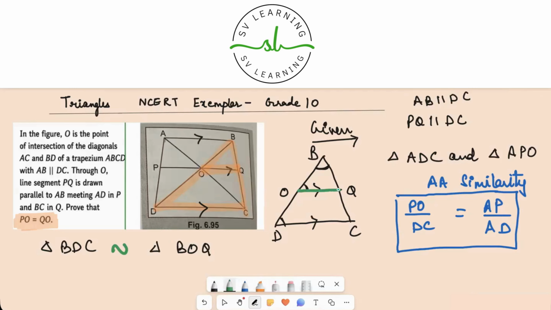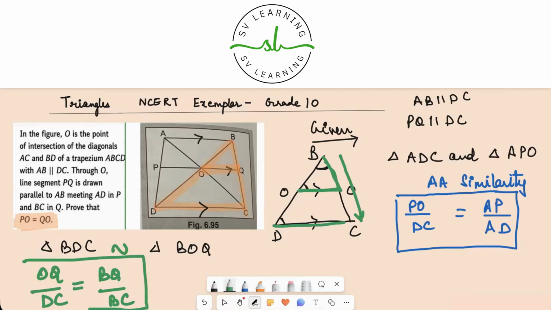Can I now say that OQ by DC is equal to BQ by BC? Yes. This length by the full triangle length, OQ by DC. So this will become BQ by BC. So maybe this also, I will need it somewhere. I can use it.